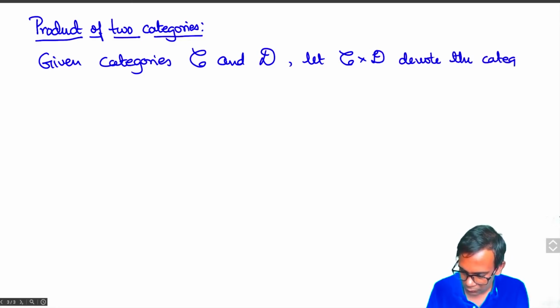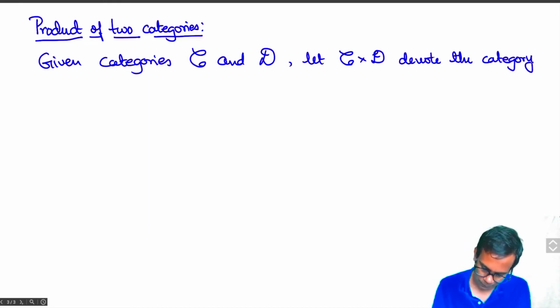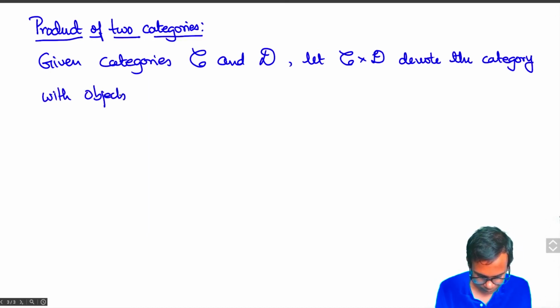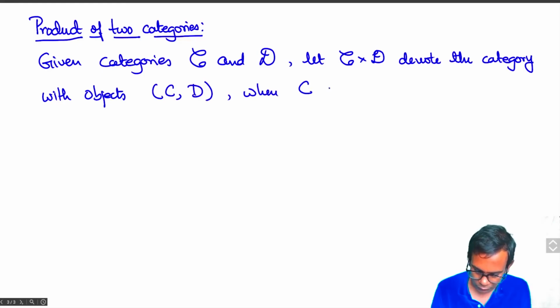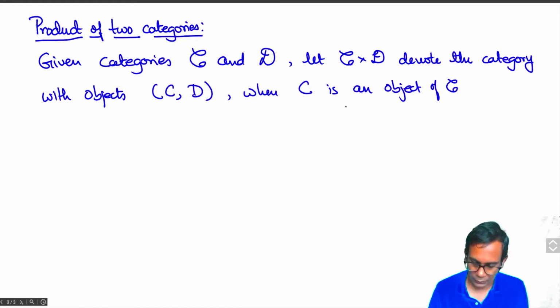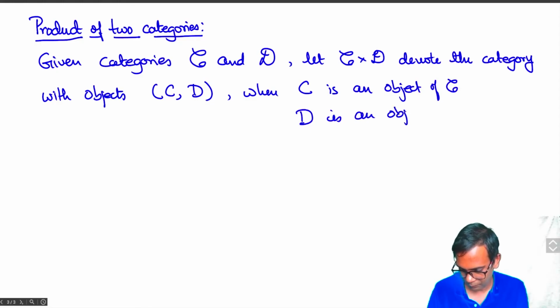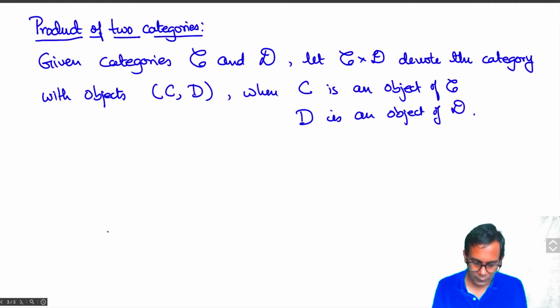So I need to specify what are the objects, what are the arrows, and what is composition. With objects of the form (C, D), where C is an object of C, and D is an object of D. And what are the arrows?